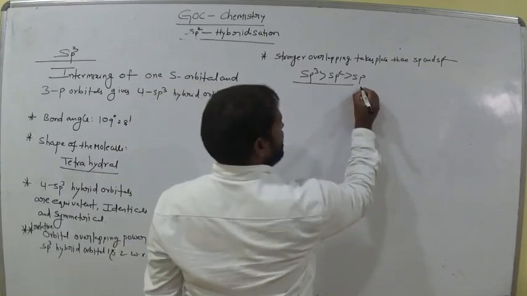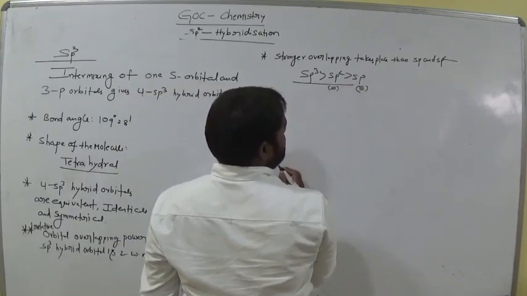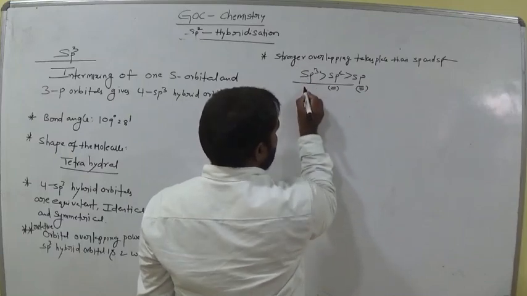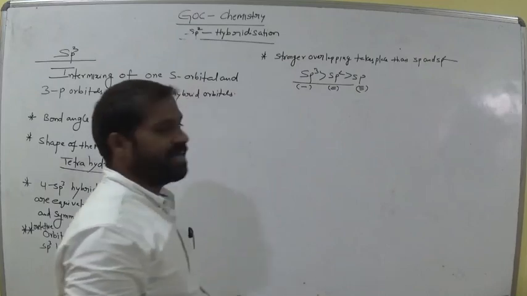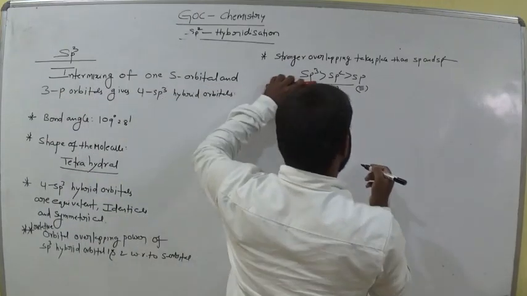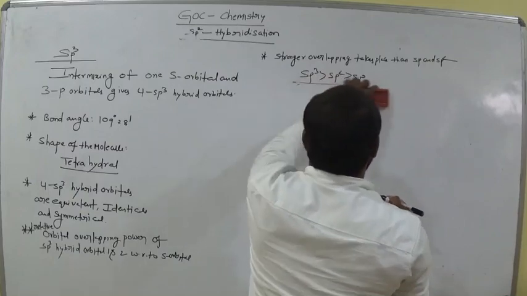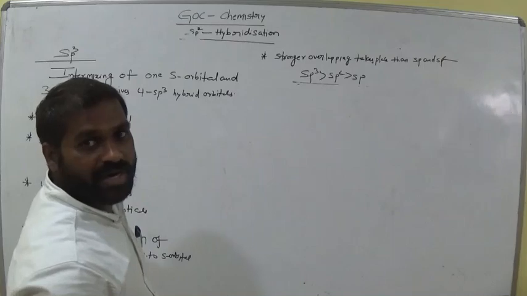Due to sp, triple bond compounds are possible; in sp2, double bonds are also possible; in sp3, only single bonds are possible, in hydrocarbons. Later we will discuss. Remember this order. sp3 makes stronger covalent bonds.